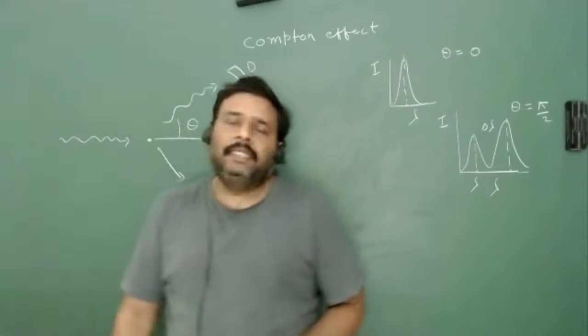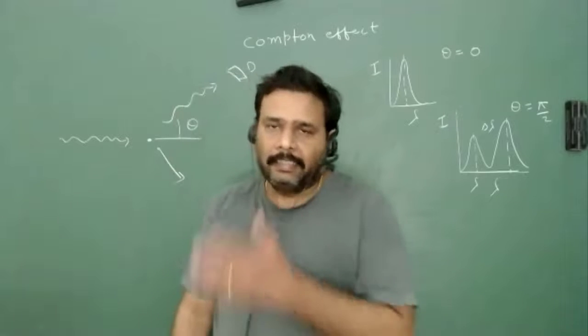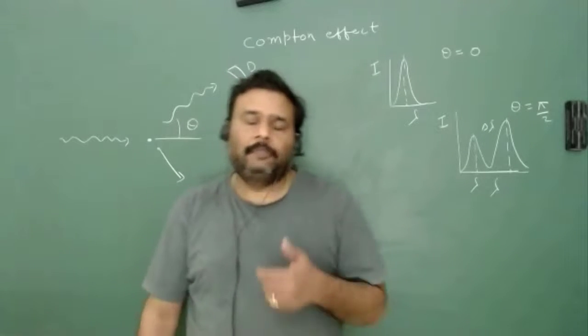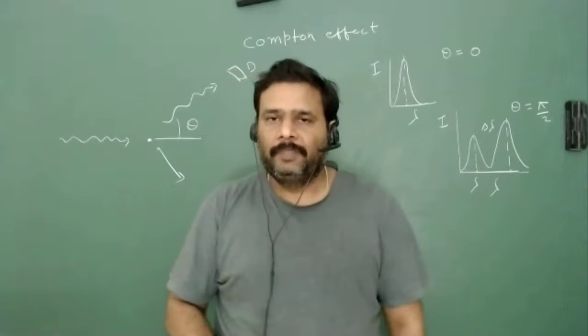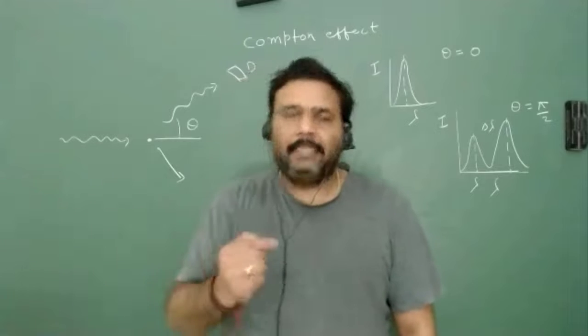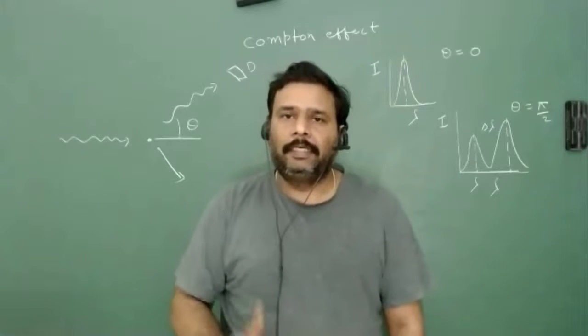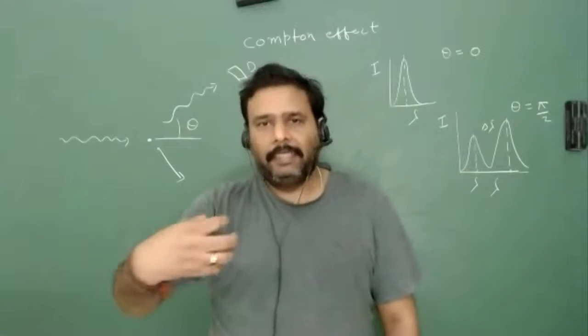Initially, if we assume that light is an electromagnetic wave, then the electric field is oscillating, and when it interacts with the free electron, the electron will also oscillate and radiate at that wavelength.